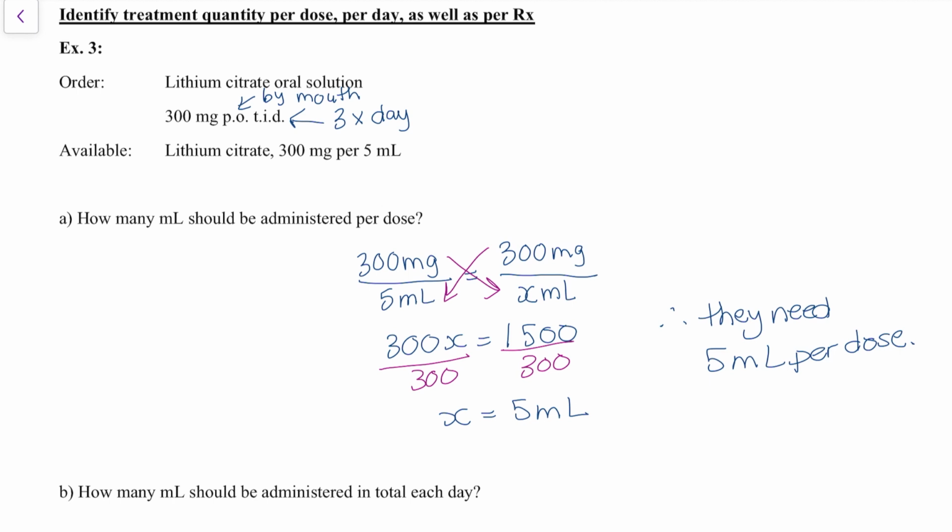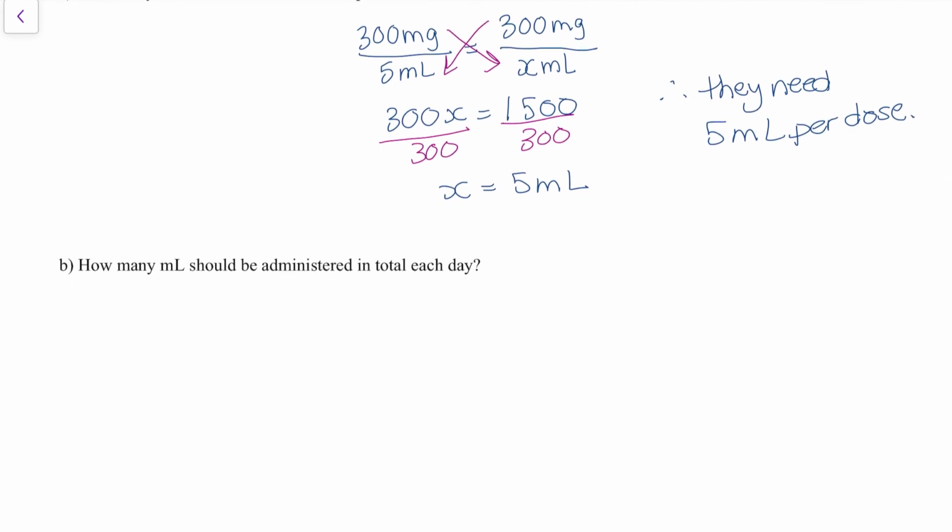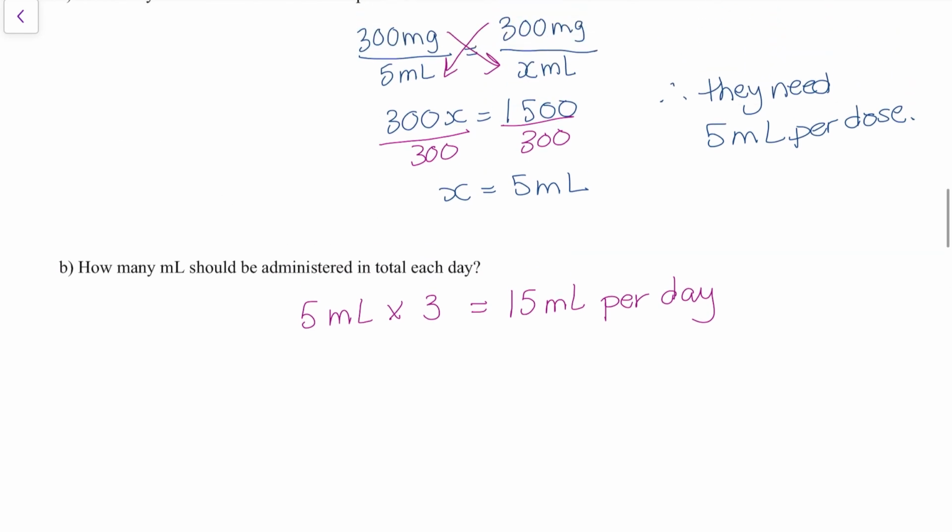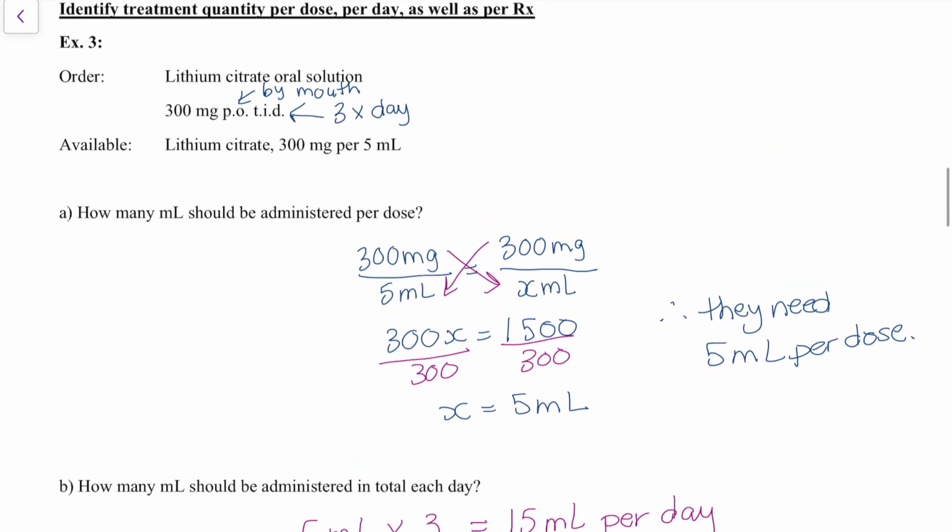By mouth doesn't really matter to us at this moment. 3 times a day, the TID is 3 times a day, so that means I'm going to take my 5 milliliters times 3 times a day is 15 milliliters per day. And we could also look at, if they told us for 5 days, then over the course of the treatment, they would need so much for the course of the treatment.